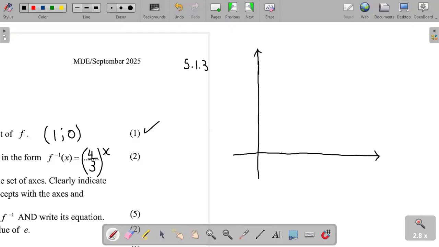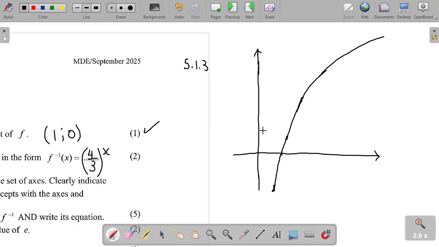So when x is 1, y is 0. So it means the graph will come out like that. Something like that, because it's a curve.